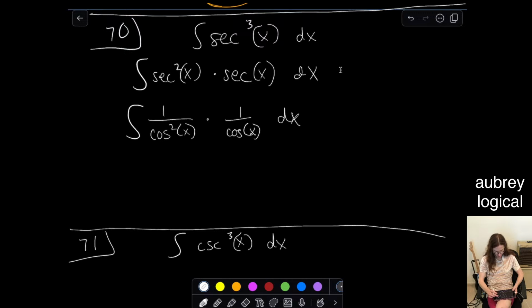I don't know if I can take this derivative. I don't think I can take these derivatives separately. It's too bad we can't, because this would become tangent.